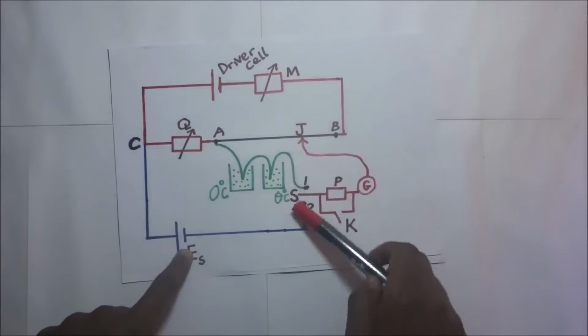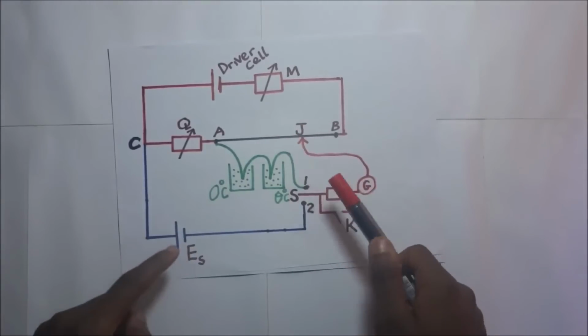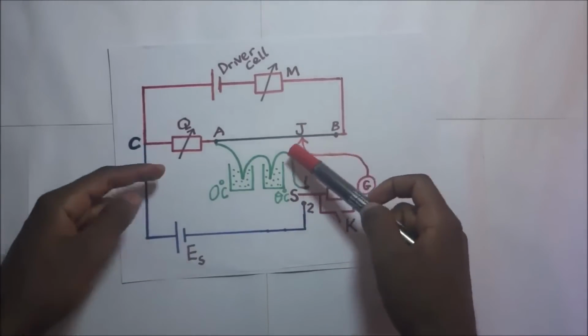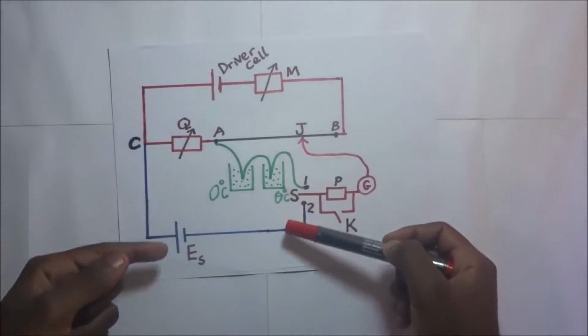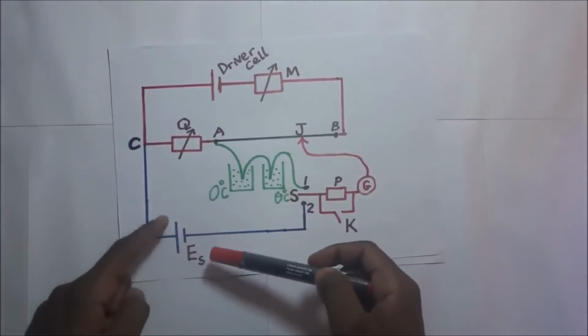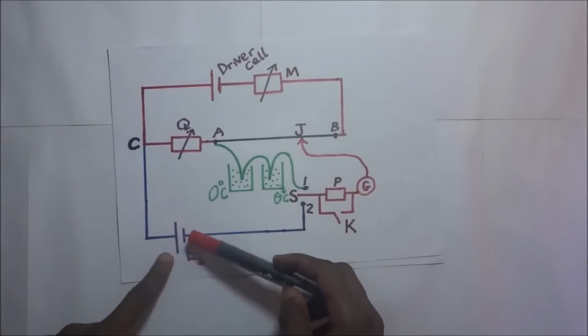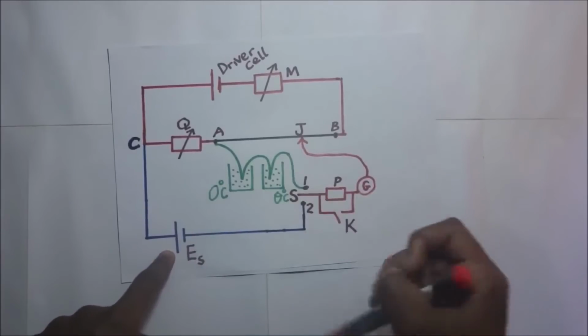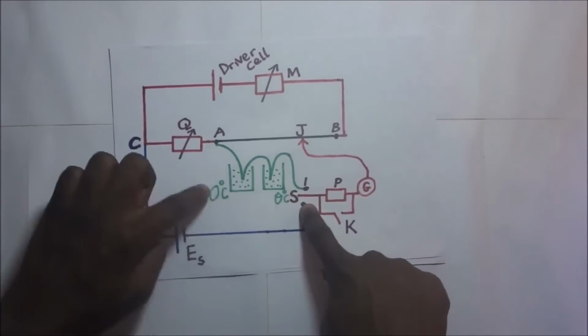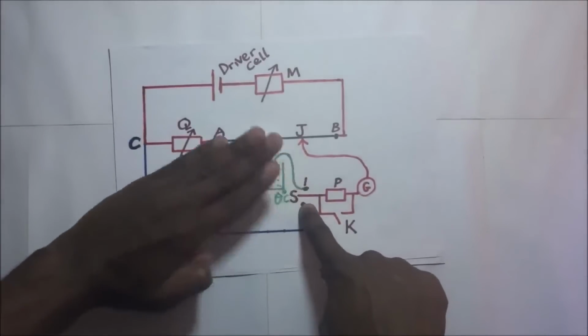When we get the accurate balance point, remember we say that at the balance point the potential difference across the portion of the wire is equal to the potential difference across the components in the secondary circuit. In this case, since we connected S to 2, this green part is out of the circuit.